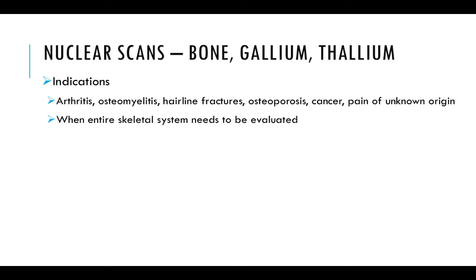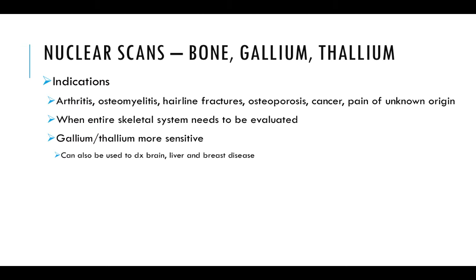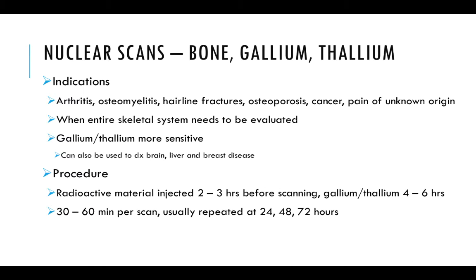Also, if somebody comes in with pain and they've done diagnostics but can't figure out what's causing the pain, they may do a bone scan for that. Gallium and thallium can also be used to diagnose brain, liver, and breast disease where calcification is a problem.